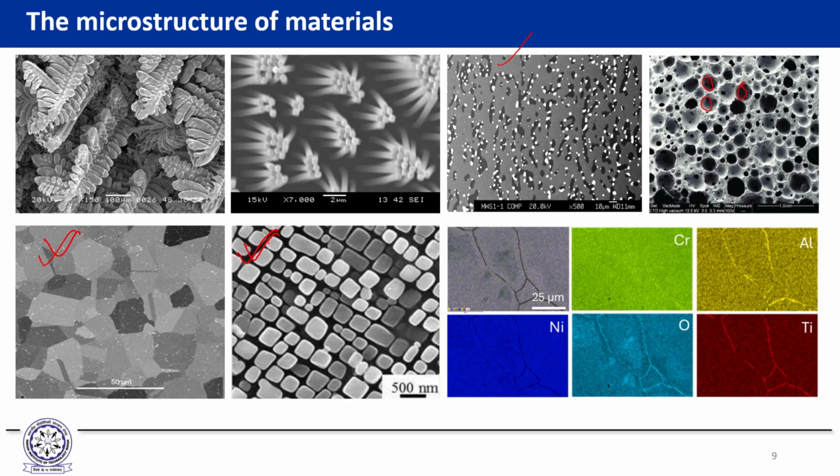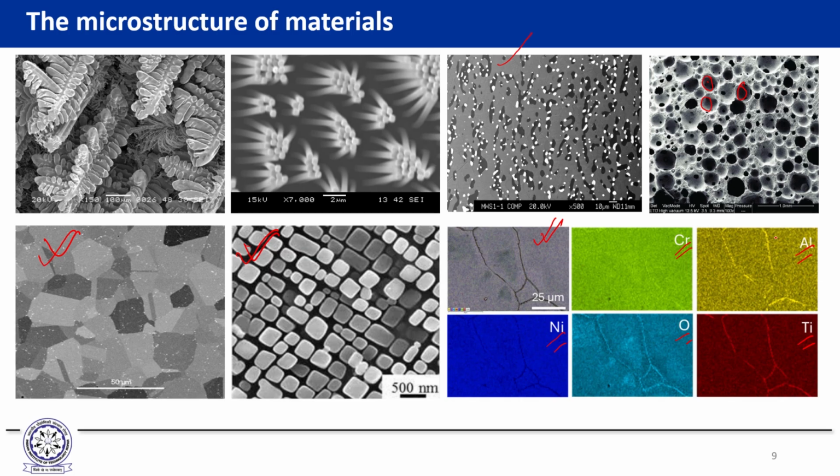Now, in addition to how the phases are distributed and how the grains are formed in the microstructures, if you use techniques like EDS mapping, these microstructures also encode a lot of chemical information. For example, in this material, this was the overall microstructure, and if you do an elemental map, you end up with this type of mapping, which shows that chromium is almost uniformly distributed.